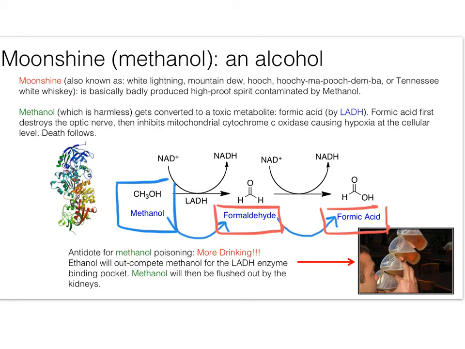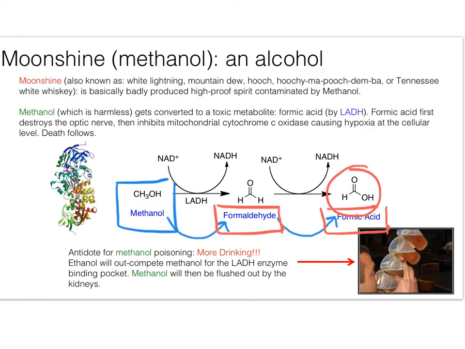Formic acid, among other things, damages the optic nerve, so a common side effect of methanol toxicity is people go blind because it just destroys the proteins in your eye. And actually, respiratory failure and death are pretty common as well with methanol poisoning.